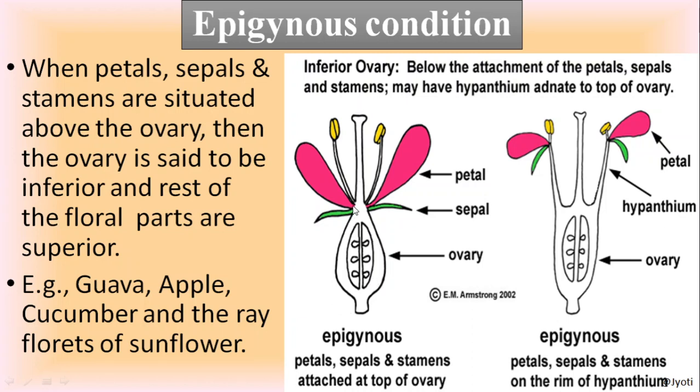Then from the topmost part of the thalamus that is present above the ovary, the sepal, petal and stamens are developed. So this is called epi. Epi means above, gynous means gynosium, and the most important part of the gynosium is the ovary. Since the floral leaves are developed above the ovary or the gynosium, that's why they are called epigynous.